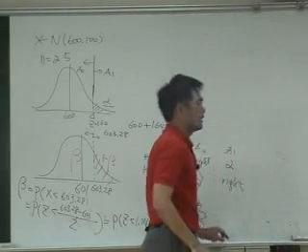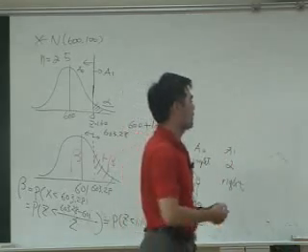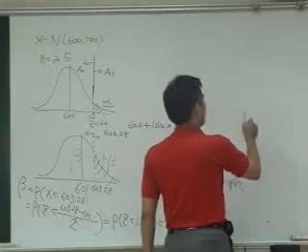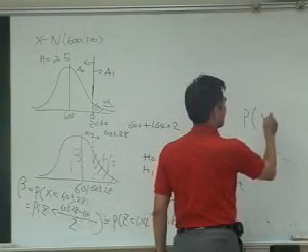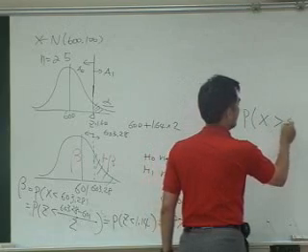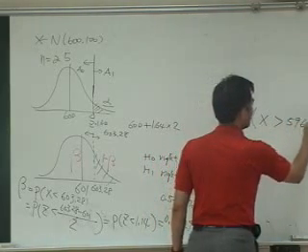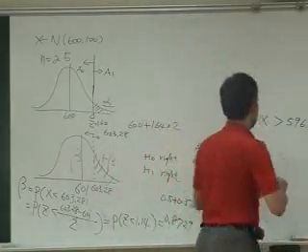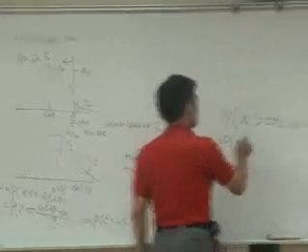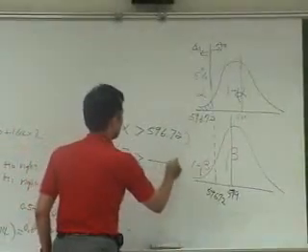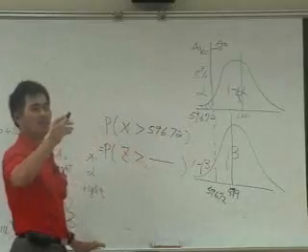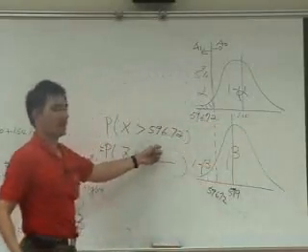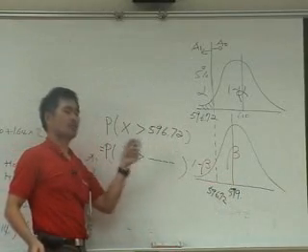The same thing, you are required to calculate beta. So then, this is 599. Okay? P of x greater than 596.72, and then z greater than... So how do we put down the formula here?